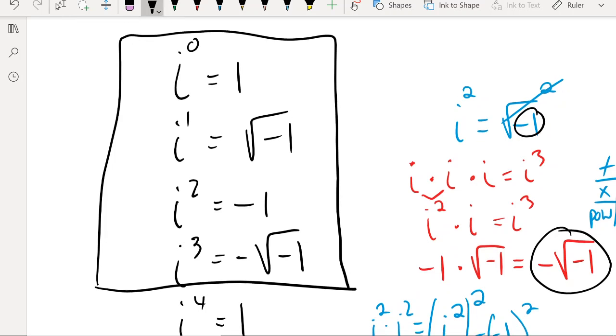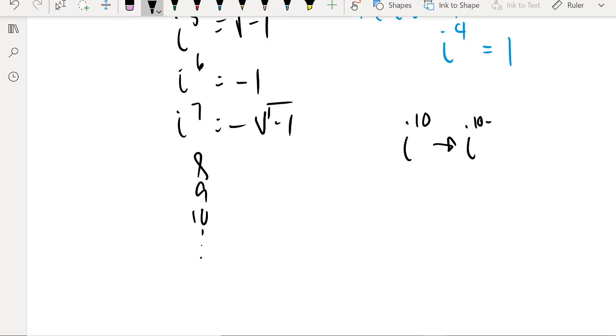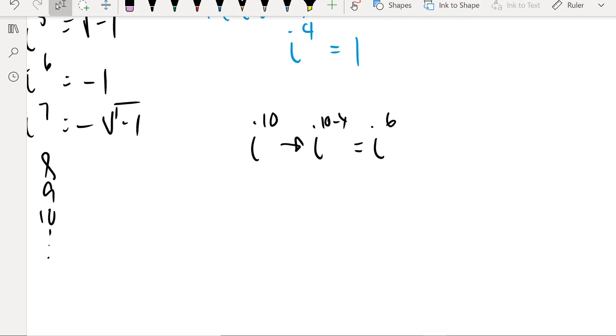Well, here's what you could do, right? If I want I to the 10th power, if it repeats every 4 times, I could just subtract 4. So now that's going to be I to the 6th power. I'm not in my standard I to the 0, I to the 1, I to the 2, I to the 3 series yet, so I'm going to do it again, -4.